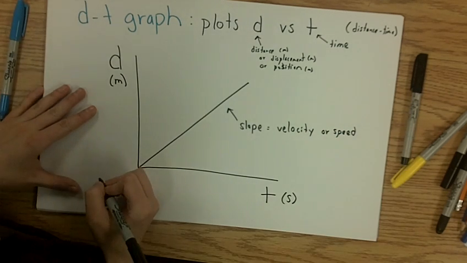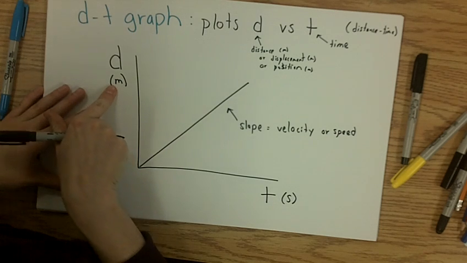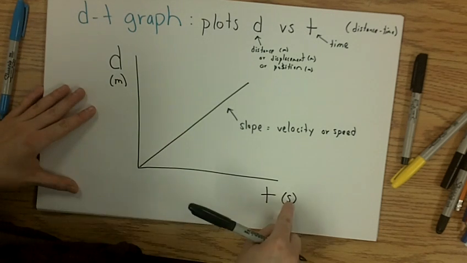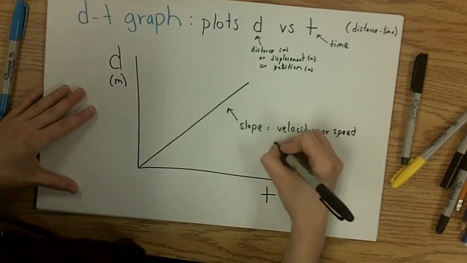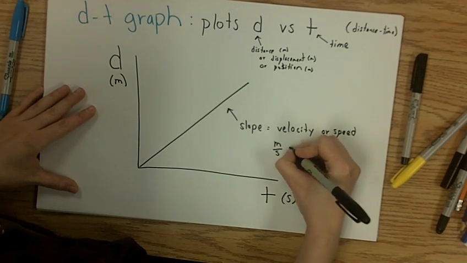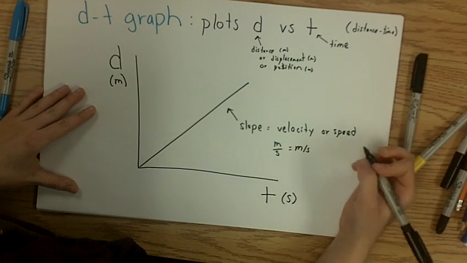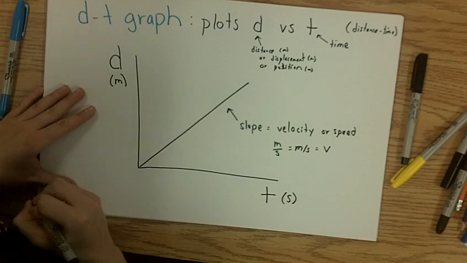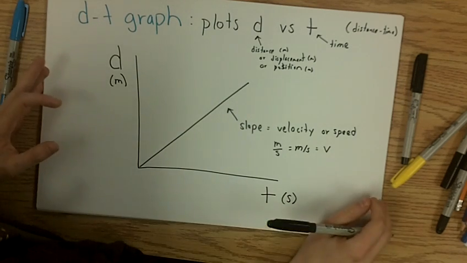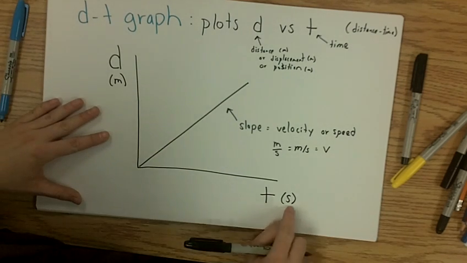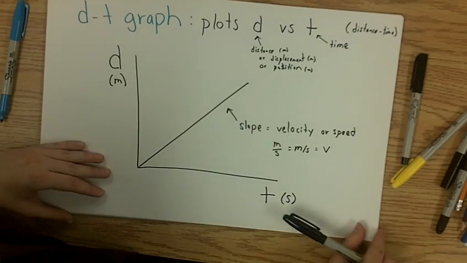You can memorize this fact, or you can notice that the slope of the graph is y over x, which is meters over seconds, which is meters per second, the unit of speed. So if you're ever confused and you forget, look at the units. They'll tell you what the slope will give.